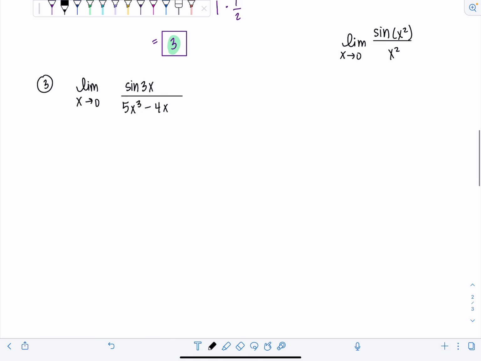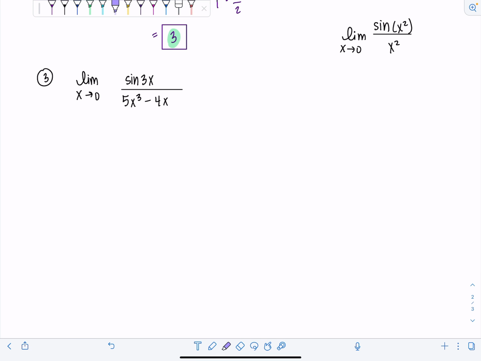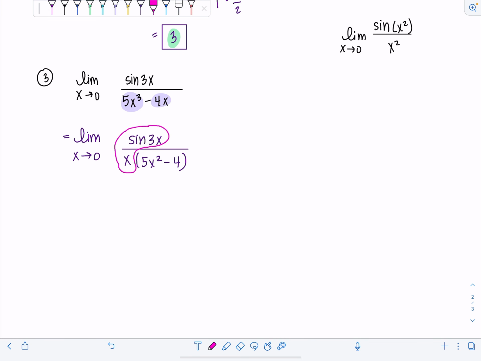So what I'm going to do is see if I can factor something out from both of them, and I sure can. I can take out an x from both of those terms down there, so let's go ahead and do that. So we've got the limit as x approaches 0 of sine of 3x over x times 5x squared minus 4. Good? Okay, now let's break things up because I want to use our limit formula. So I'm going to group these two parts of my limit together.